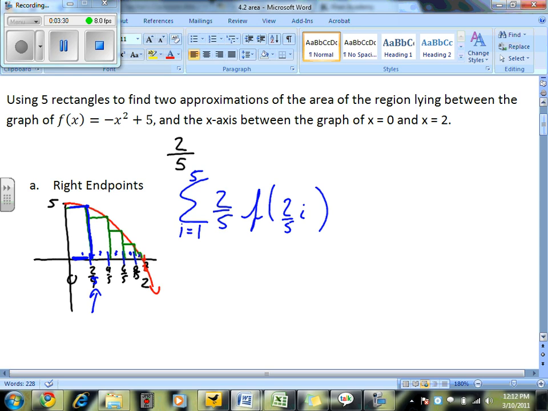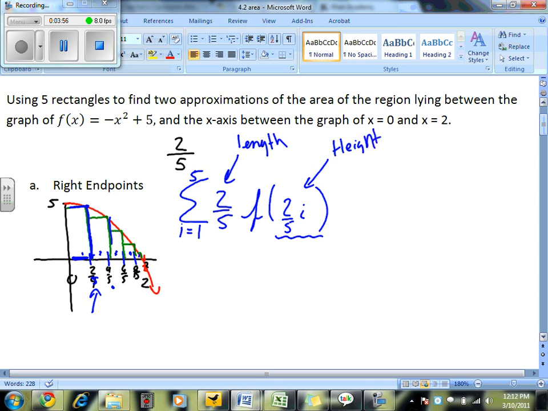Does that make sense how I got 2/5 i to be what I plug in? When I want my other point here, I'm going to plug 2 in for i, and 2 times 2/5 is 4/5, and when we plug that into the function, it gives us our y value. So right here is our length, and right here is our height of our rectangle.